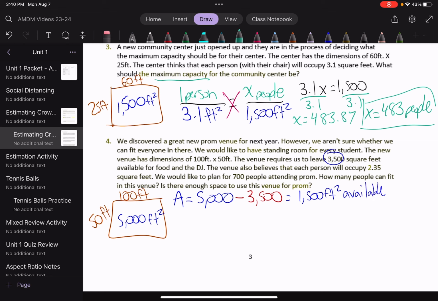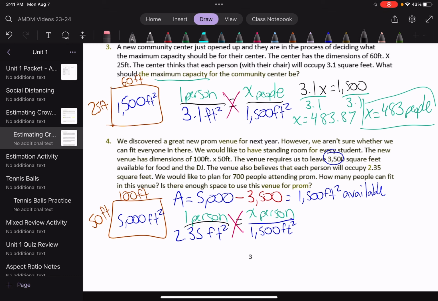And this venue says that one person occupies an area of 2.35 square feet. All right? So I want to figure out how many people, according to the venue, can fit in the available 1,500 square feet. So I'm going to cross multiply here.